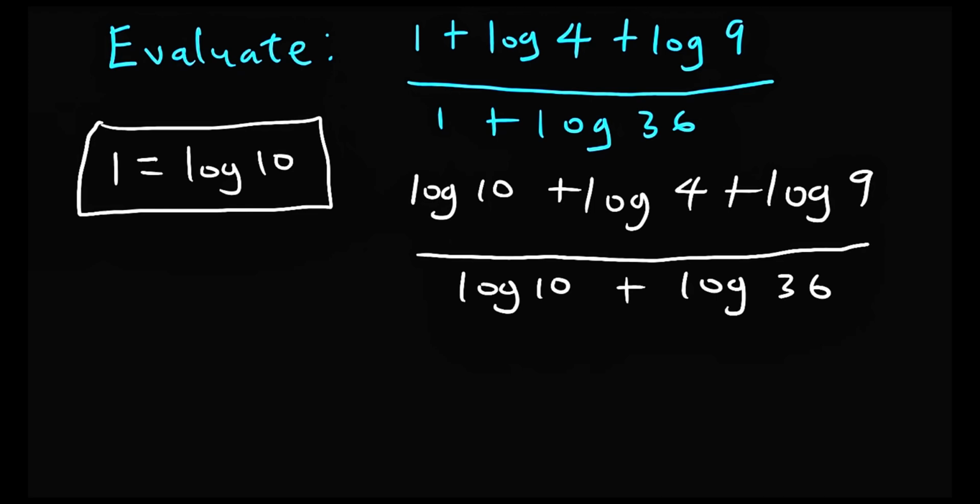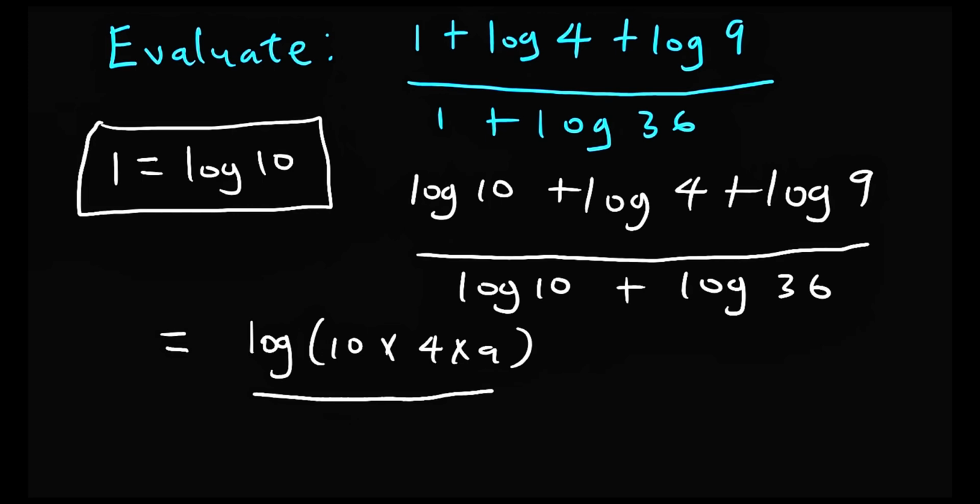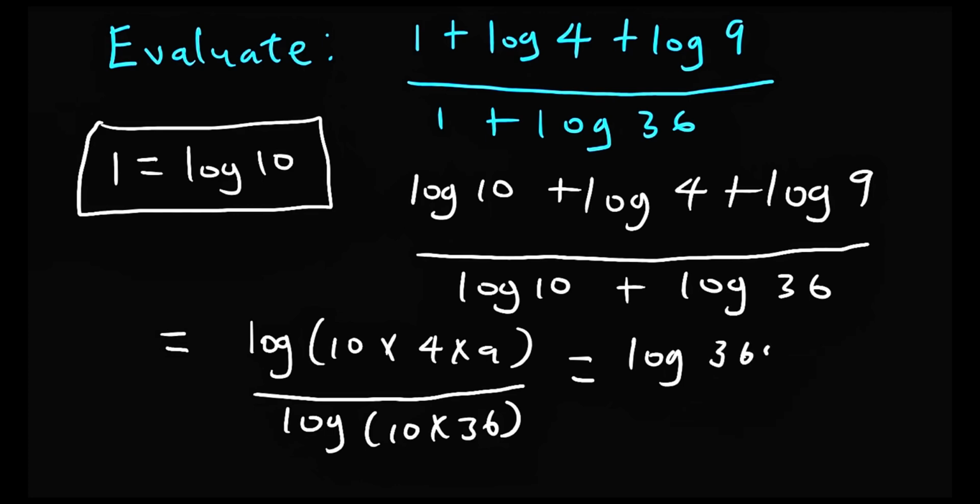So this can be written as log of 10 times 4 times 9 over log of 10 times 36. In the numerator, we have 10 times 4 times 9, that is log of 360.